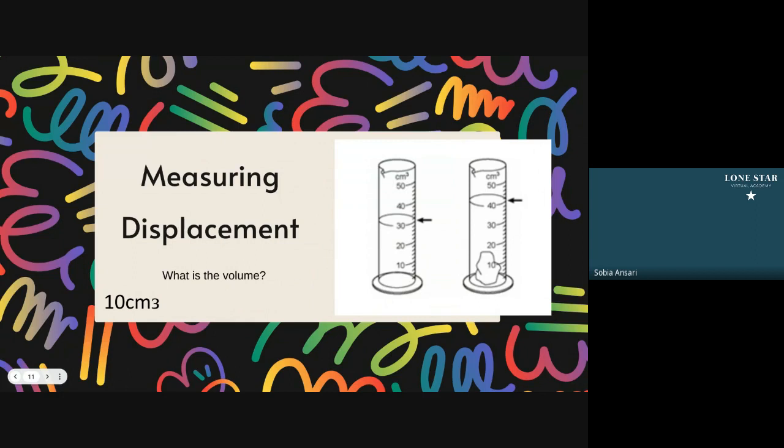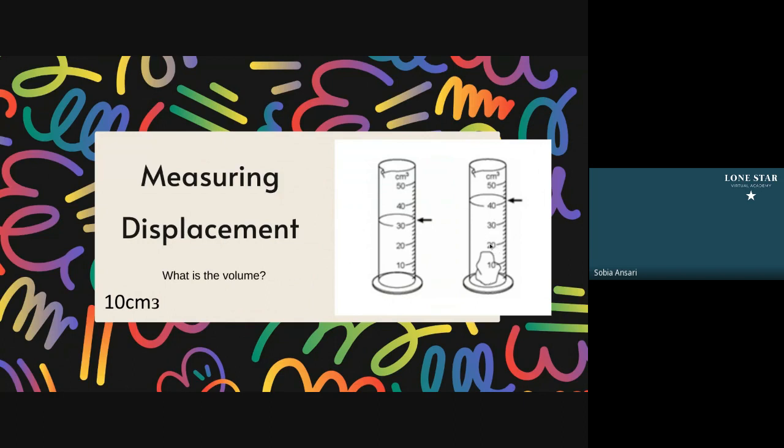So over here, you see a cylinder that has a liquid. Let's just say it looks like water to me. So let's say it has water that is about 30 milliliters or 30 centimeters cubed. Then we added a rock to it. And so if someone is asking you, okay, what is the volume of the rock?